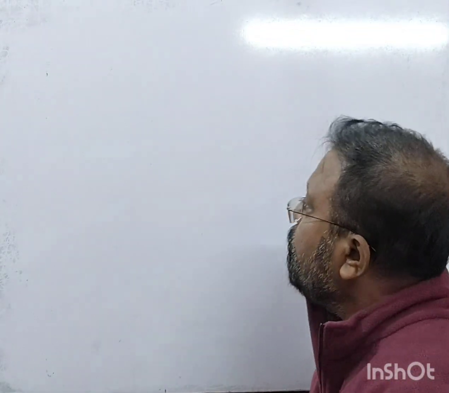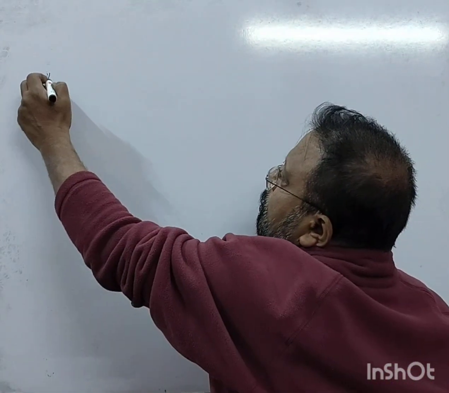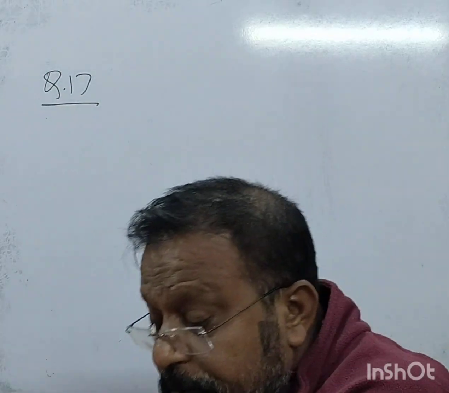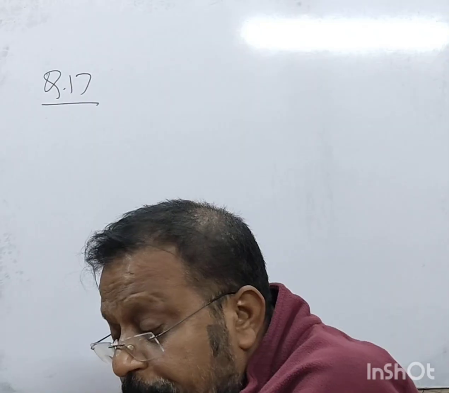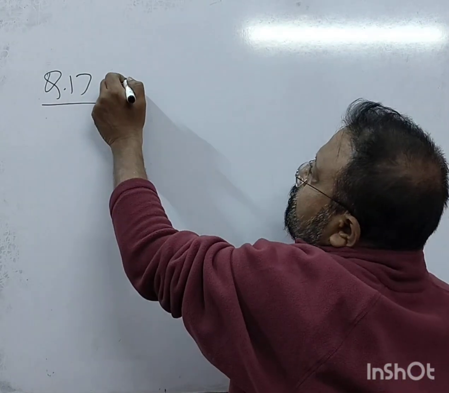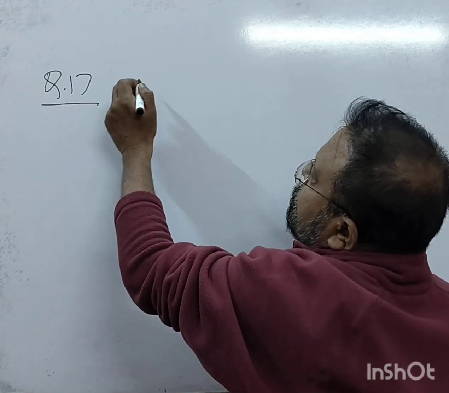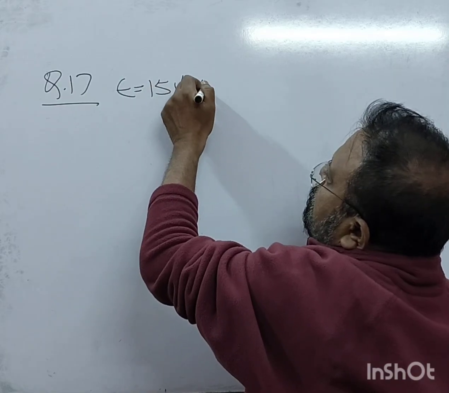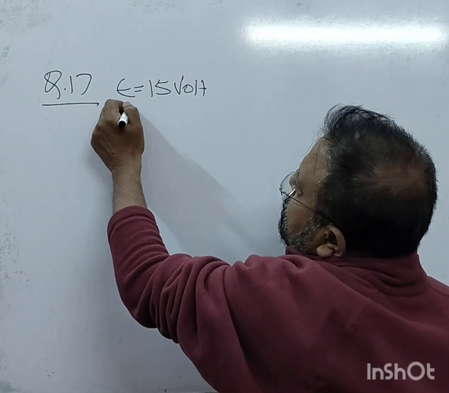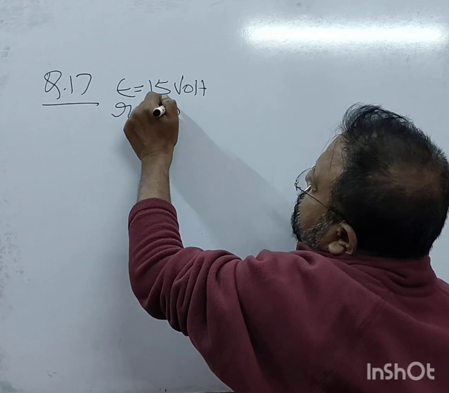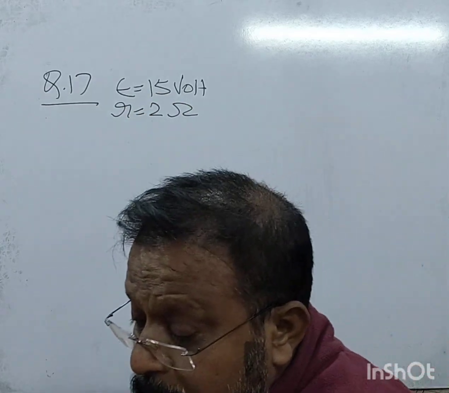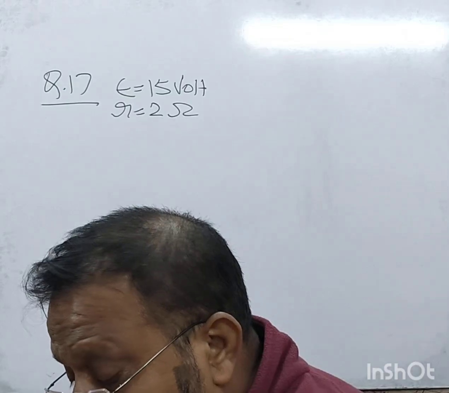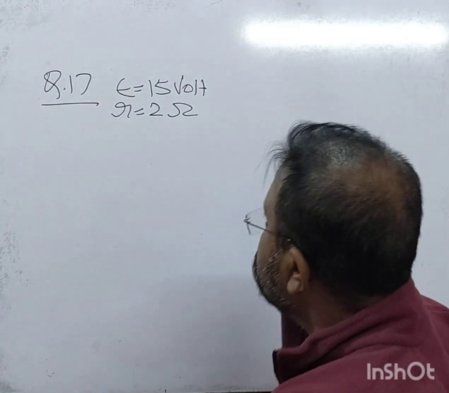Question number 17 is a battery of EMF epsilon, how much? 15 volt. Now internal resistance 2 ohm. External resistance 4 ohm and 6 ohm connected in series.